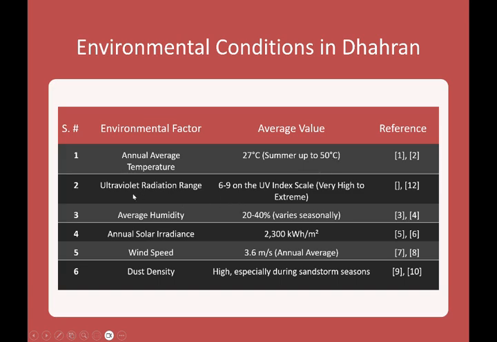So it's a harsh condition. Ultraviolet radiation, as mentioned before, is very high and extreme. Average humidity is 20 to 40 percent and varies seasonally. This basically creates a corrosion effect on the solar panels. Annual solar irradiance is 2300 kilowatt hours per meter square. Wind speed is 3.6 meters per second annual average.